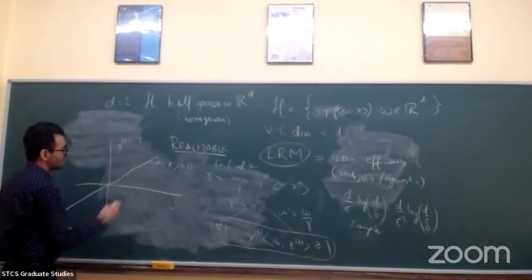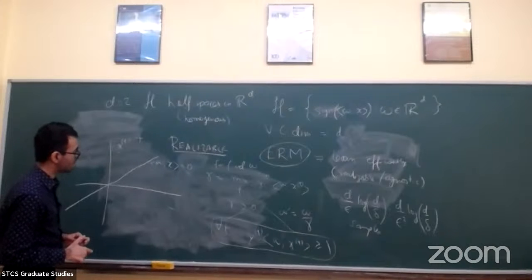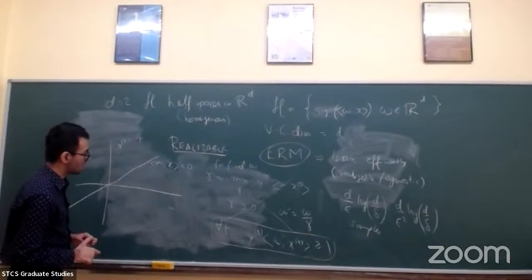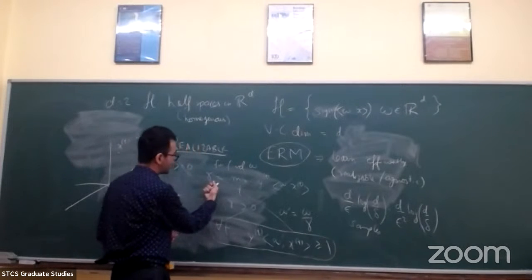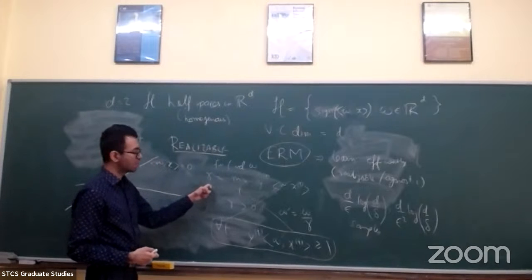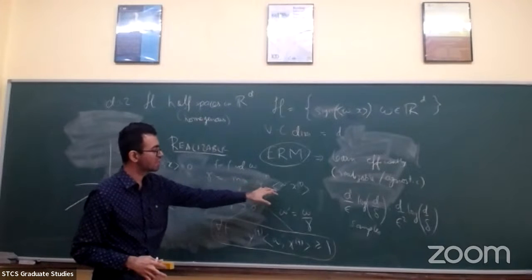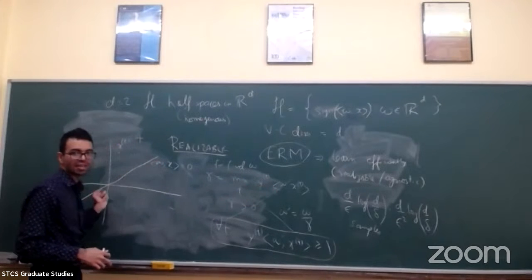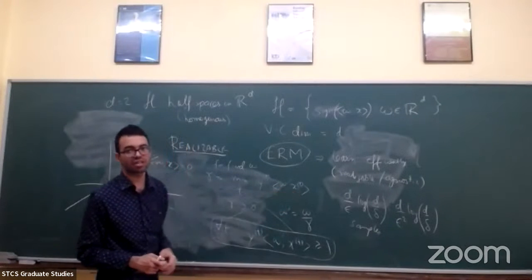So in some sense, what is gamma telling me? Gamma is telling me how close the closest training example is to this line. The minimum over all training examples of this inner product.